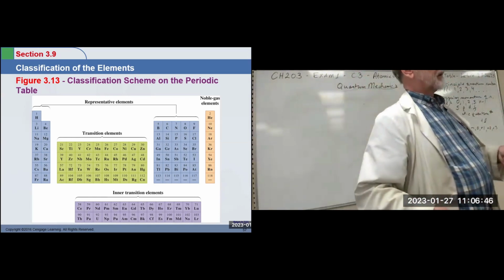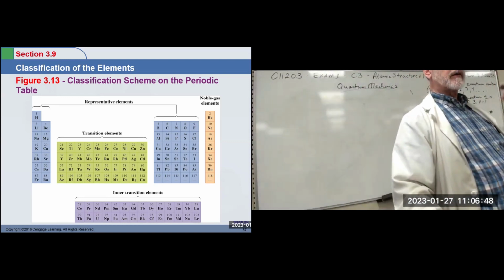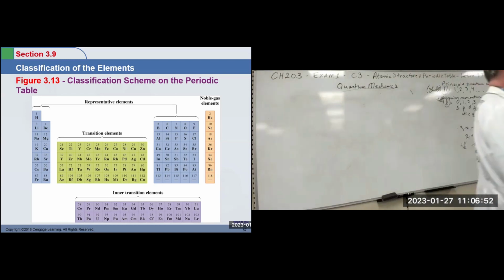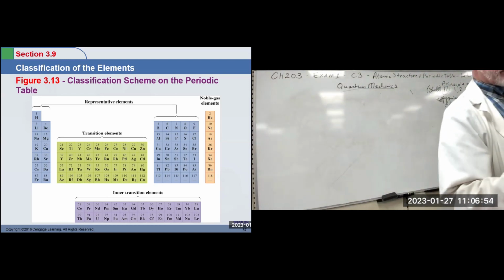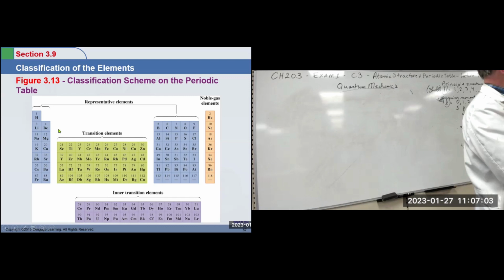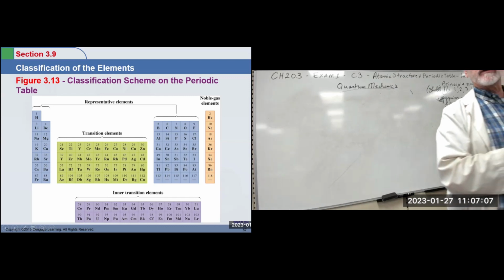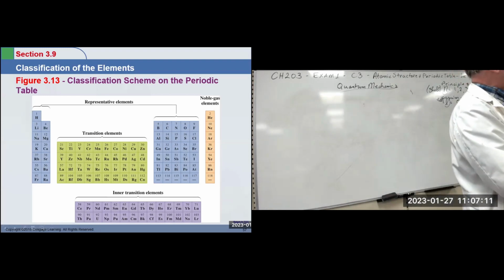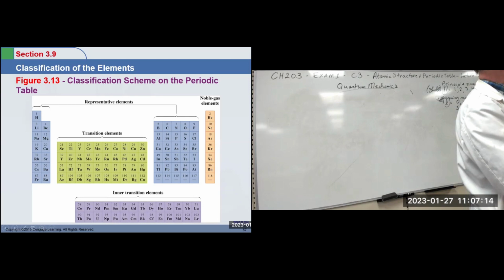But if any of your other courses reference octets, what they're talking about is these 2 columns here and these 6 columns. So in any one of these, 8 electrons in the outermost shell is an octet.